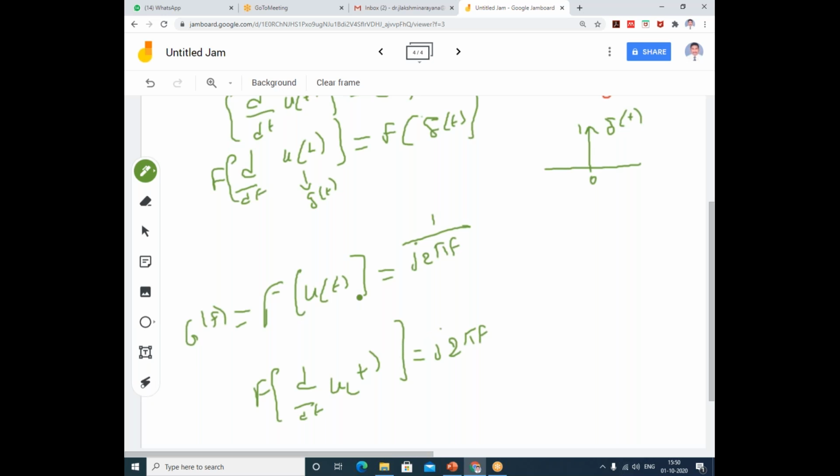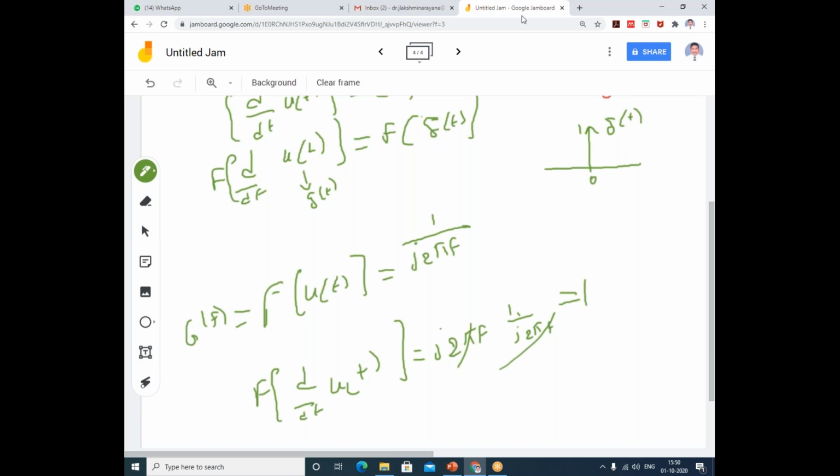But my G of f is nothing but 1 by j2 pi f for the unit step function. So this gets cancelled, and you are going to get 1. This is the Fourier transform of d by dt of u of t, which is nothing but the Fourier transform of an impulse function.